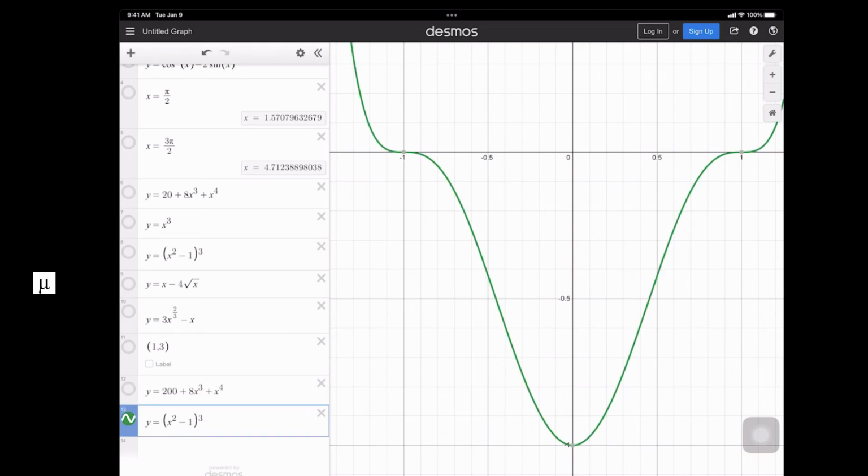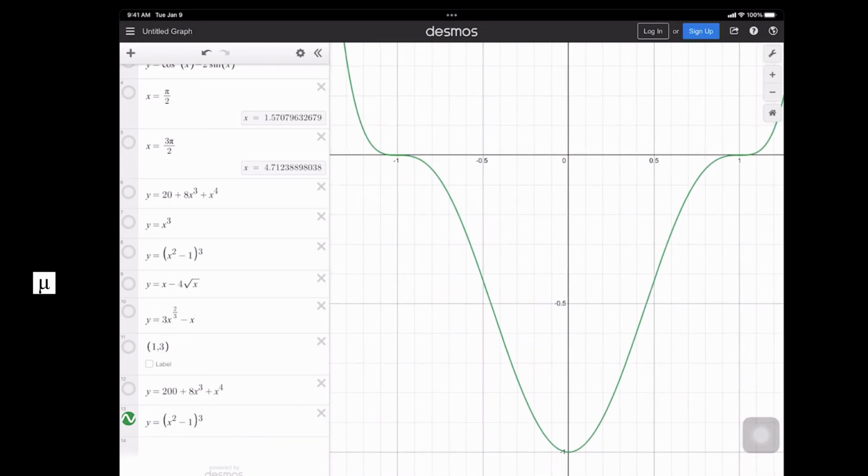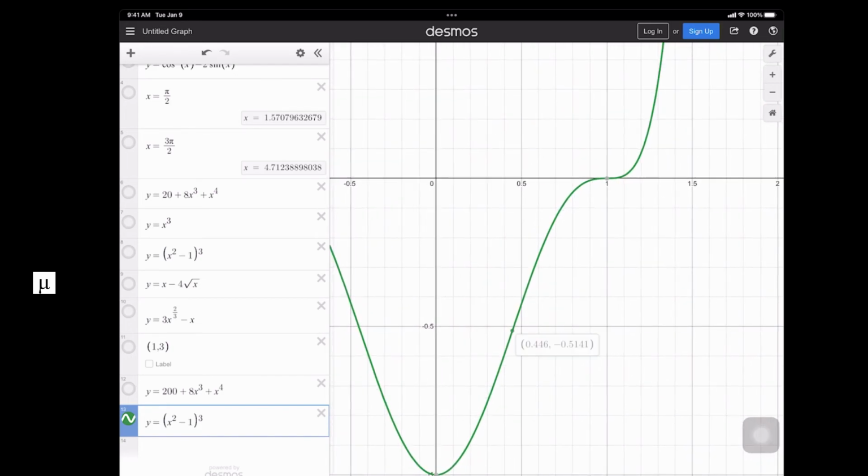You're changing concavity somewhere right around here, right? So to the left of -1, it's concave up. To the right of -1, up to that -1/2, you have concave down. And then from -1/2 up to about +1/2 again, concave up. Then from +1/2 to 1, concave down, and then from 1 to infinity, concave up.